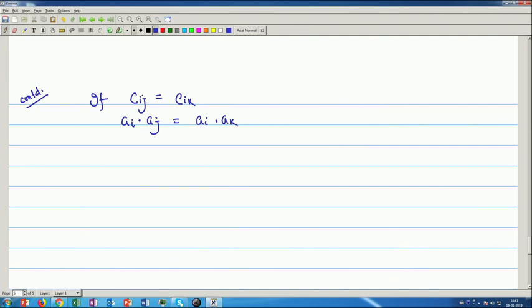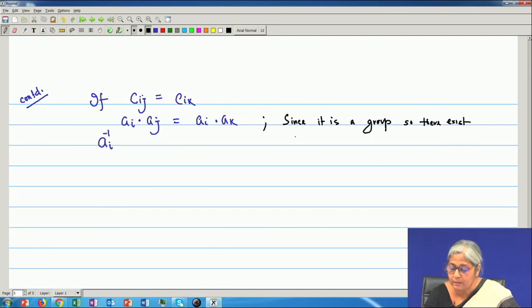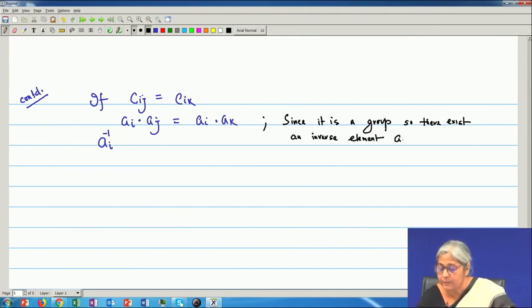Now, since it is a group, there exists an inverse element, and let this inverse element of Ai be Ai inverse.